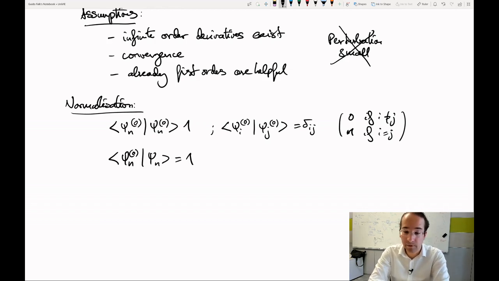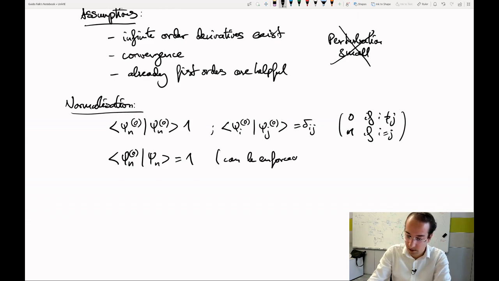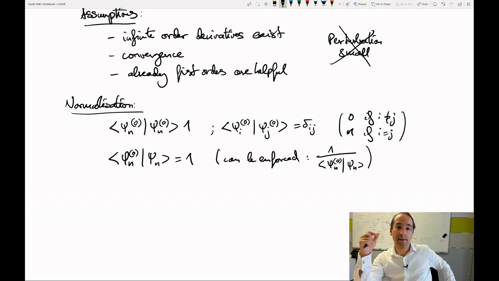This can be enforced by just defining some prefactor for normalization. So there's no special insight in why that is. We can always make it as such.